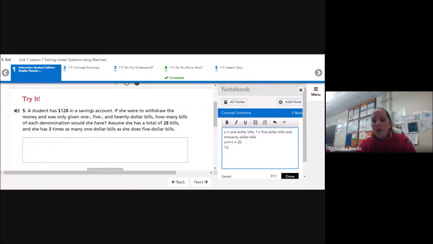And then 1O plus 5F plus 20T equals 128. And then 3 times as many $1 bills as $5 bills. So 3F equals O. But I need to solve this so the 3F and the O are on the same side. So I'm going to take -1 O plus 3F equals 0.